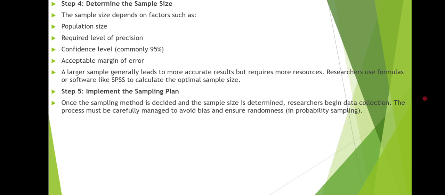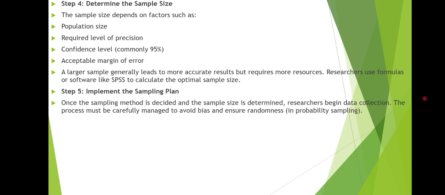Next, we have determine the sample size. Basically, the sample size depends on factors such as population size, required level of precision, confidence level, and acceptable margin of error. A large sample generally leads to more accurate results, but it requires more resources, and researchers use formulas or software like SPSS to calculate the optimum sample size.